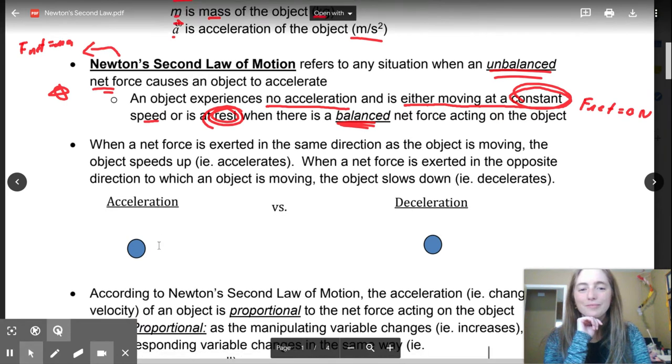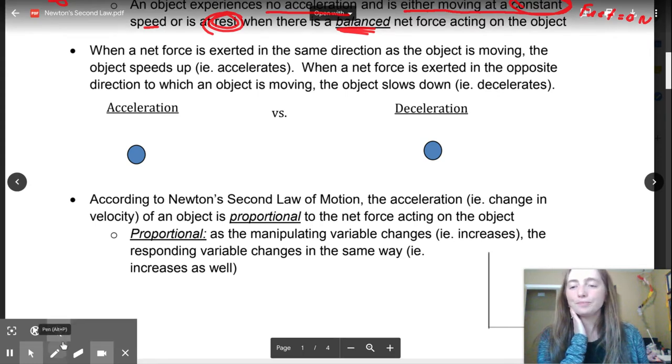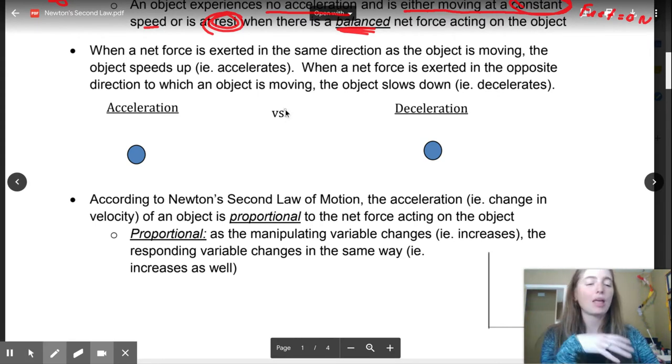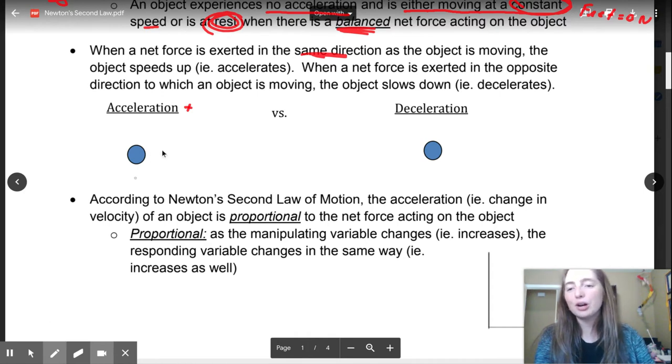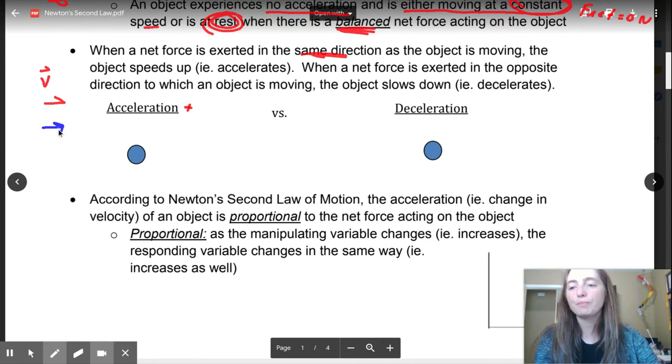So let's talk about some vector arrows. When a net force is applied to an object in the same direction that the object is moving, it's going to speed up. So this would be the same as your positive acceleration. Let's use our red arrows to represent velocity, and let's use blue arrows to represent our F net.